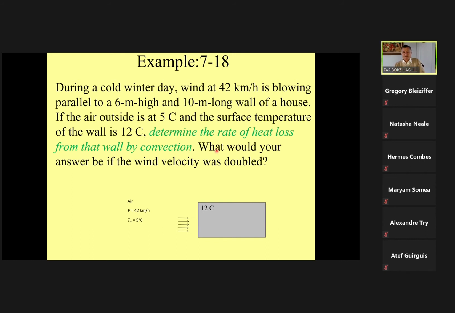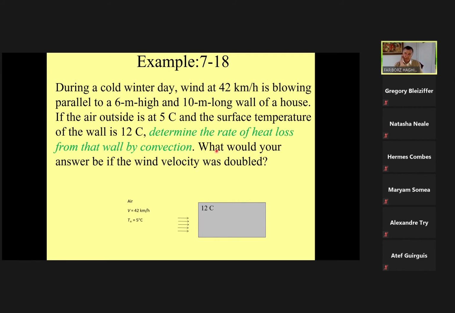Let's do this problem together. Please read it and let's do it together. One of those cold winter days is coming. The wind is at 40 kilometers per hour. It's blowing over a 6 meter high and 10 meter long wall.